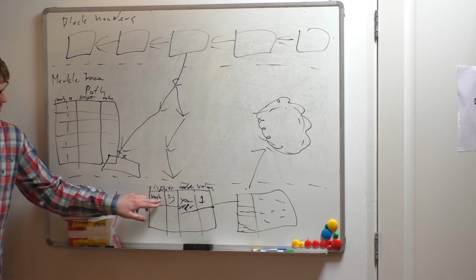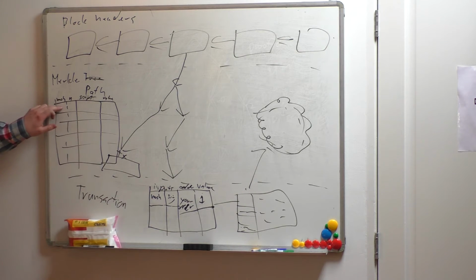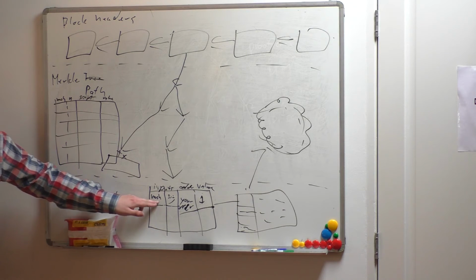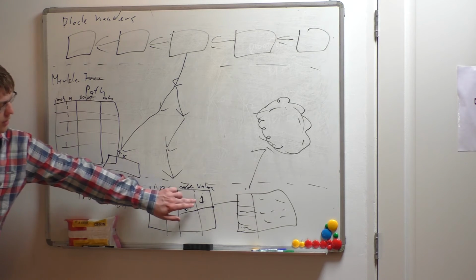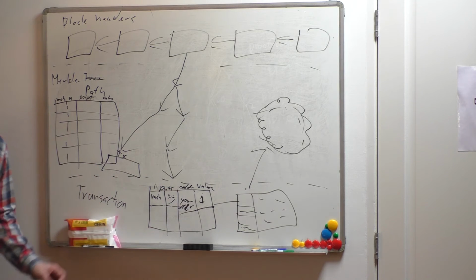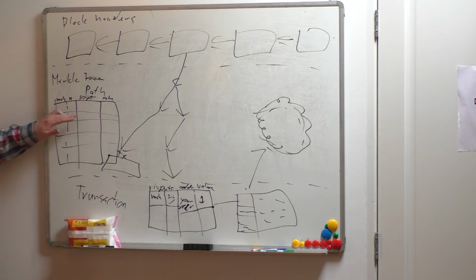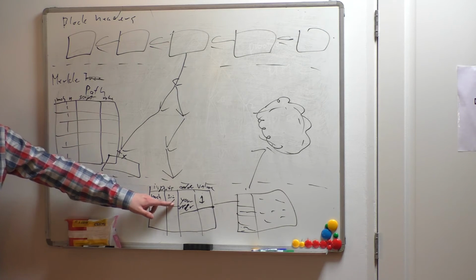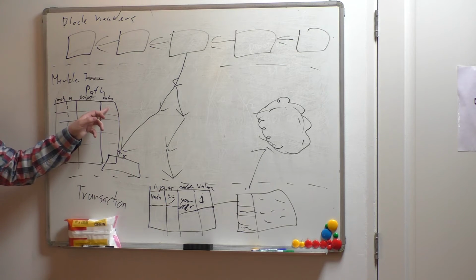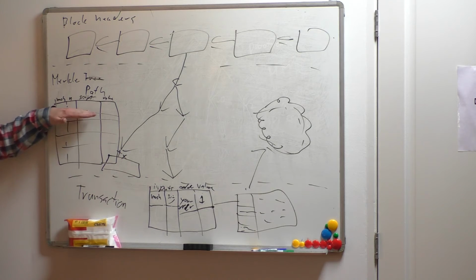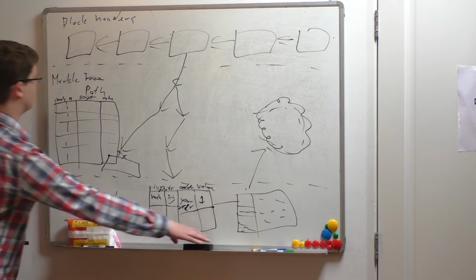So this number corresponds to the hash. I forgot to mention it's also the index number, like this is 0, this is 1, and so on. You've got the script, the pub key. You check it against the signature, and then you know what the value is. So that's your UTXO set.